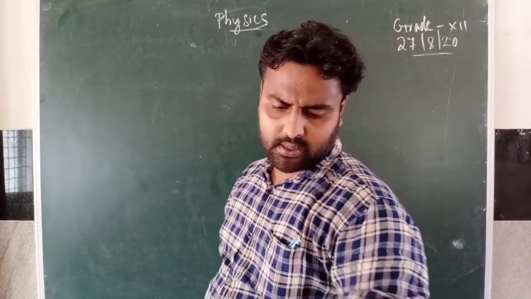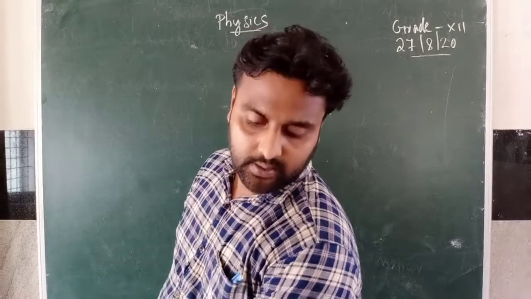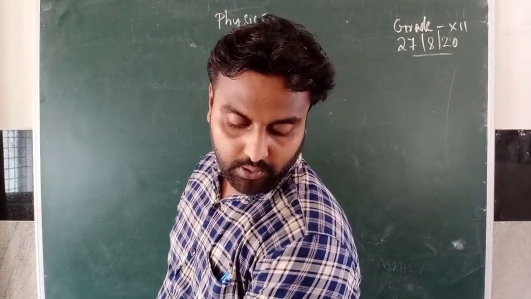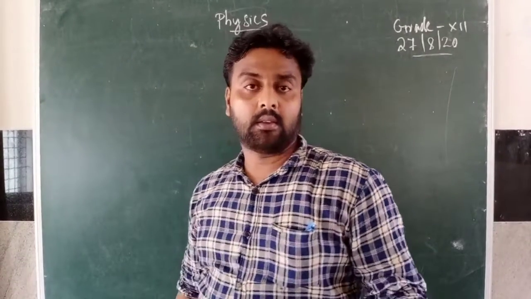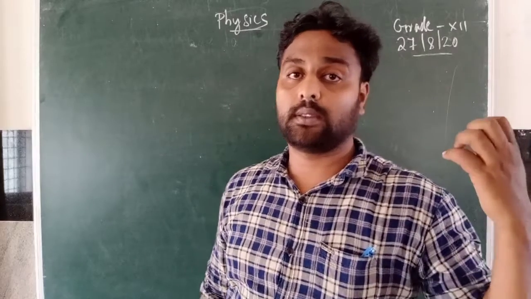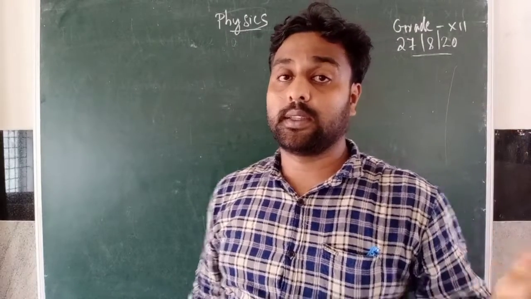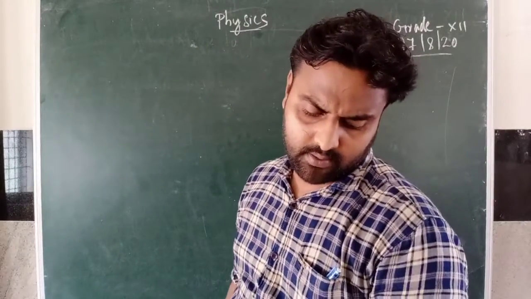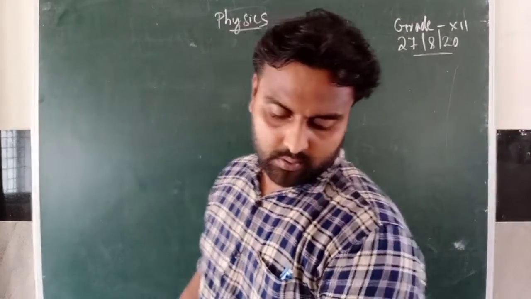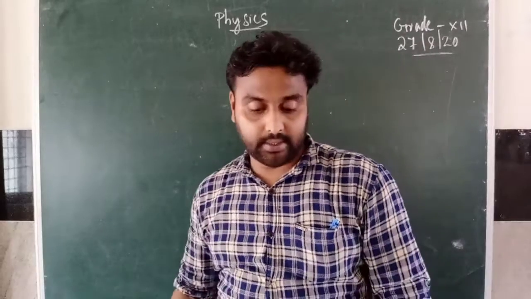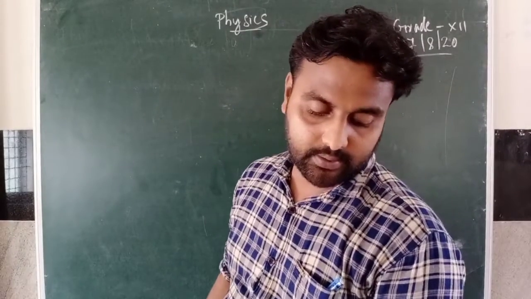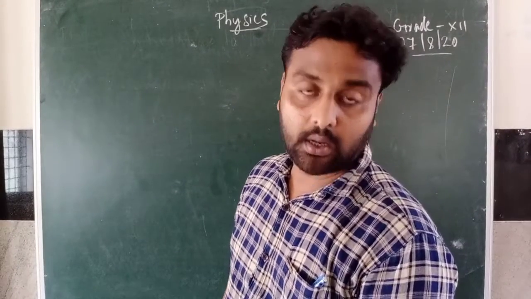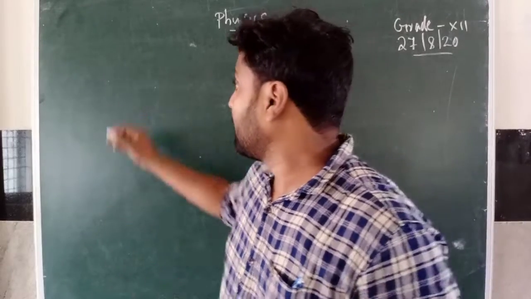I believe that you all practiced example 1.20 and the topic I taught yesterday, capacitance of a parallel plate capacitor. So today you can check page number 56, energy stored in the capacitor.